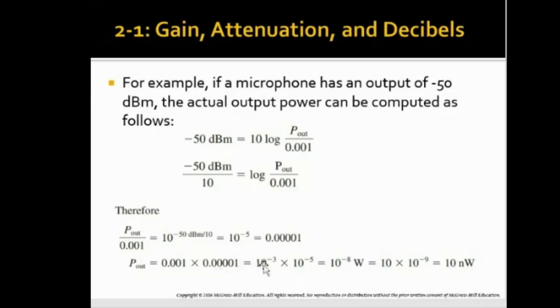We can write 10 raised to minus 3 times 10 raised to minus 5 equals 10 raised to minus 8 watts. This is equivalent to 10 nanowatt. So this microphone has 10 nanowatt output, which is equivalent to minus 50 dBm.